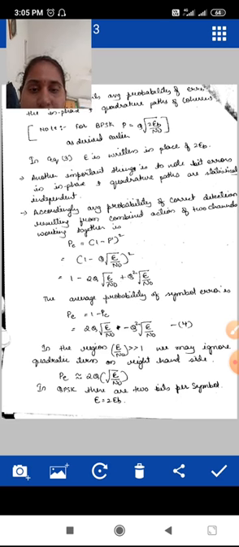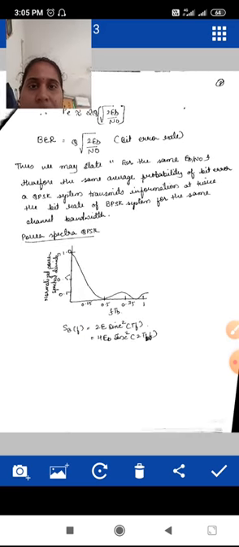As we know that in QPSK there are 2 bits, we can replace E by 2 Eb. So the probability of error is equal to 2 times Q of root of 2 Eb by N naught. This is the bit error rate, that is, the average probability of bit error in a QPSK signal.